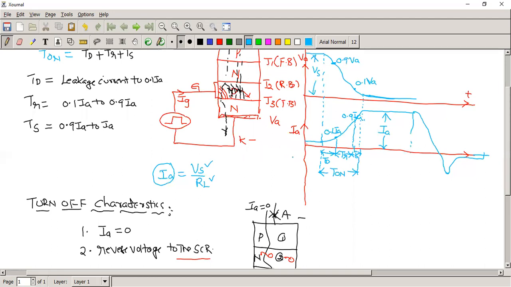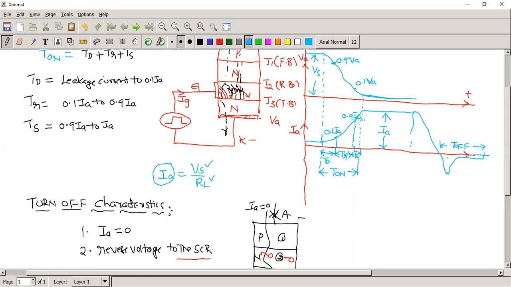Now this time, from this point to this point, is nothing but the turn off time, that we represent as T off, turn off time.